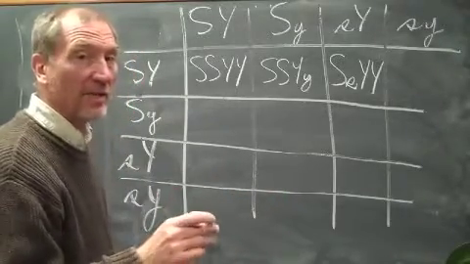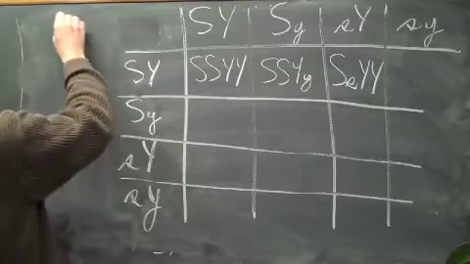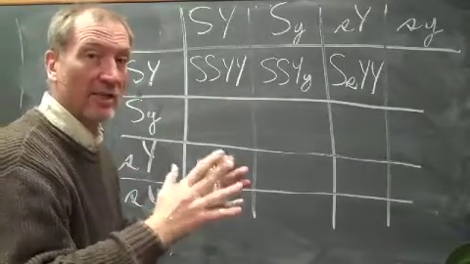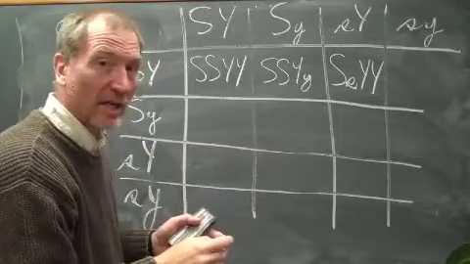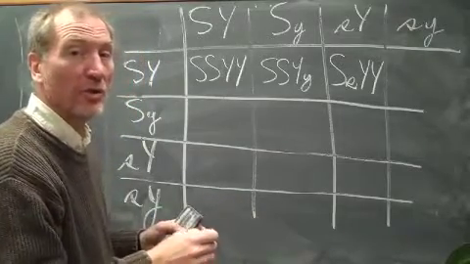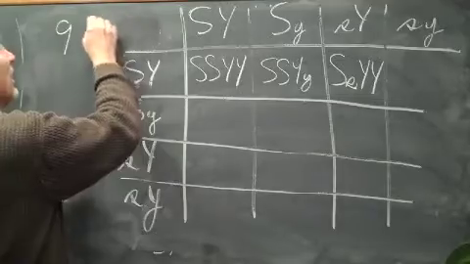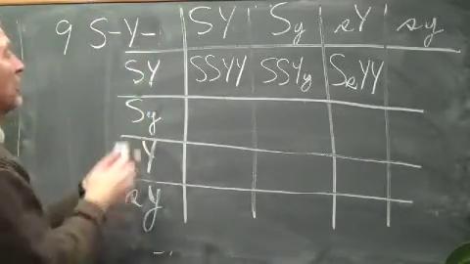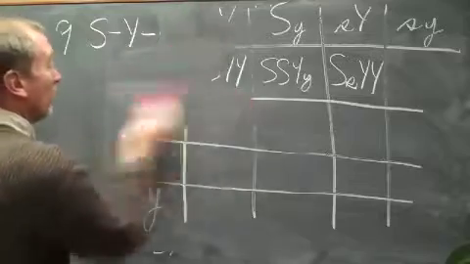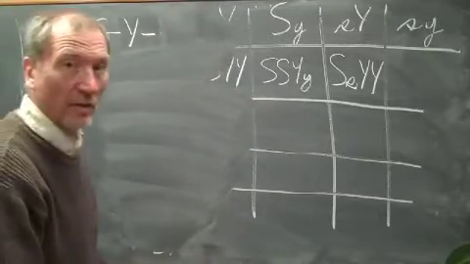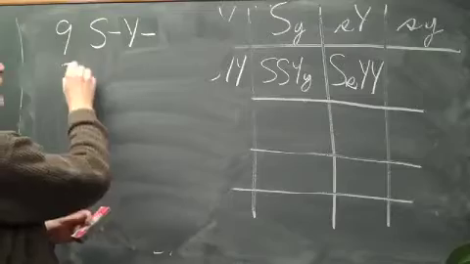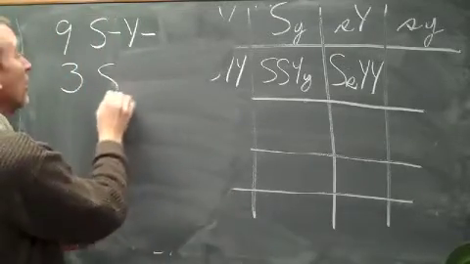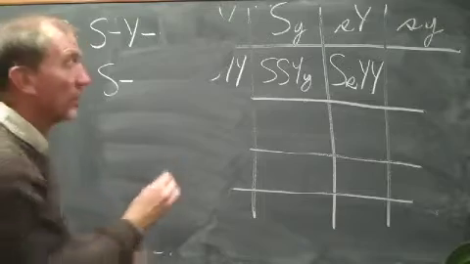It means that there are 9 cells that contain genotypes whose phenotype is smooth and yellow, S dash, big Y dash. Smooth, yellow. And there are 3 of those cells that are smooth, green.